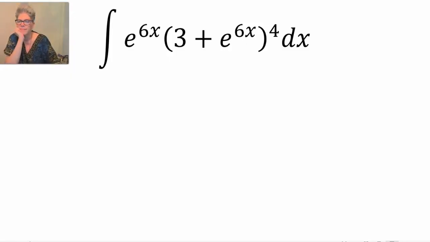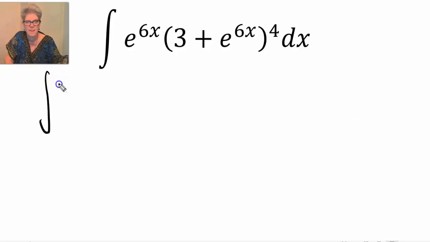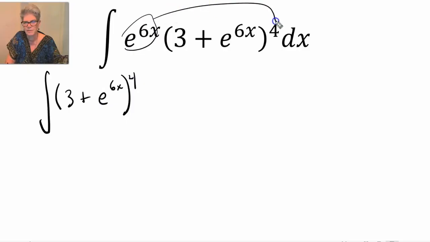Okay, the derivative of e to the u is e to the u. Okay, so what I'm going to do with this one is I'm going to let me rewrite. And then I'm going to put this over here next to the dx.